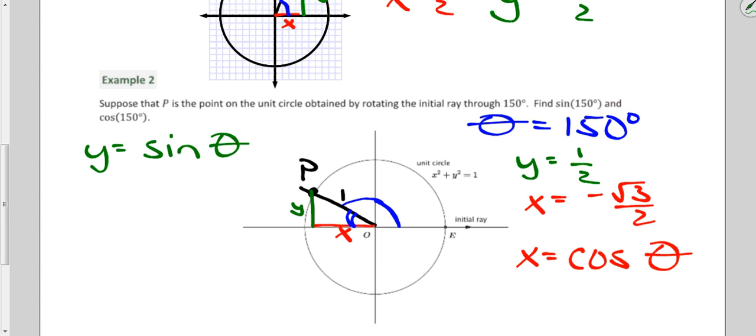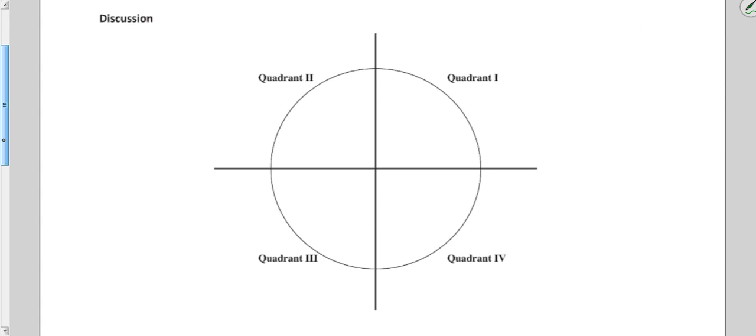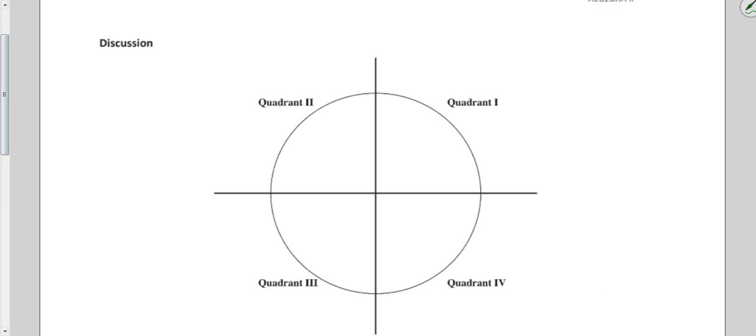Okay. We're jumping to the next. So now, exercises 3 through 5. We suppose that P is the point on the unit circle obtained by rotating the initial ray counterclockwise through 120 degrees. Where is 120 degrees?